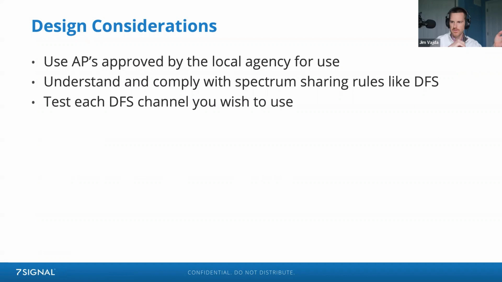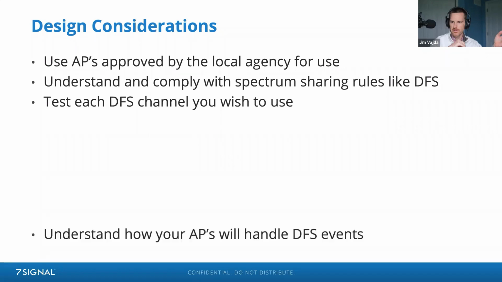So if you're lucky and this is a greenfield install, one of the things you can do is statically assign a number of APs to different DFS channels and just let them kind of bake in, see if you have DFS events. And if so, what channels are they most common on? Maybe just selectively remove those channels with high numbers of DFS events from your channel plan, but try to use as much of it as you can.